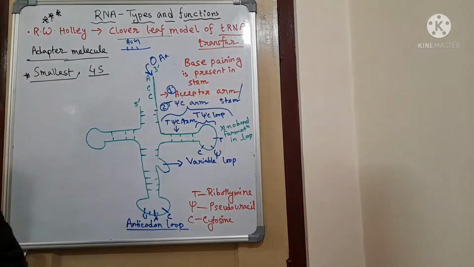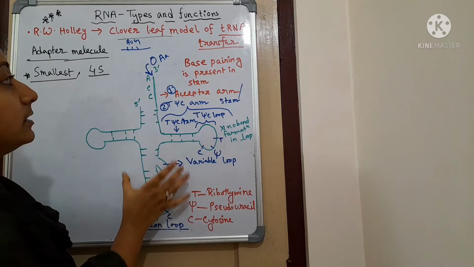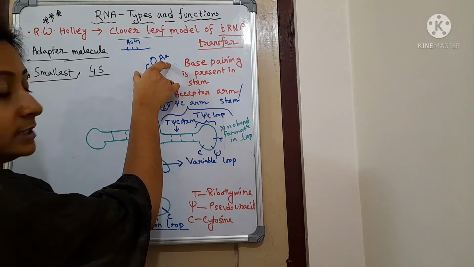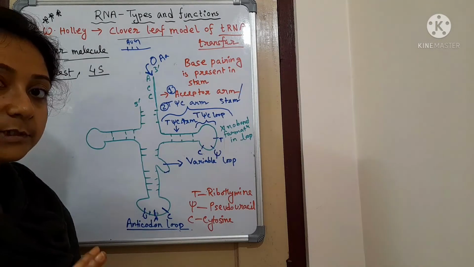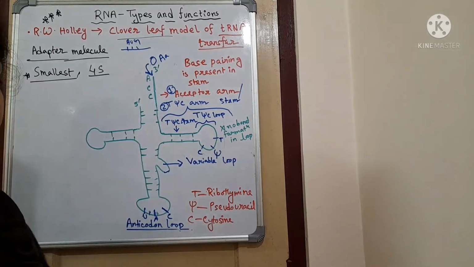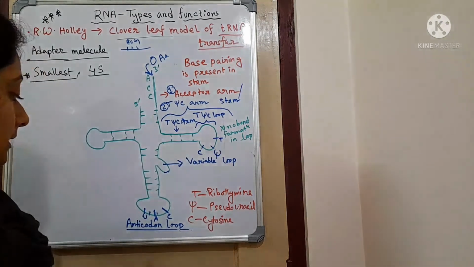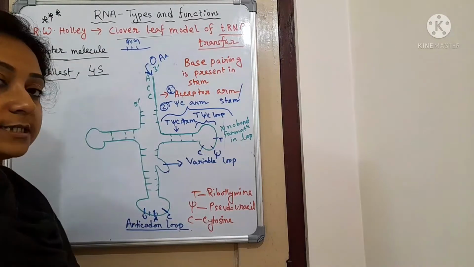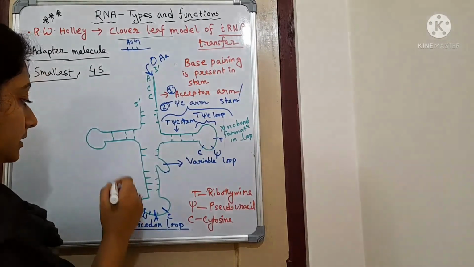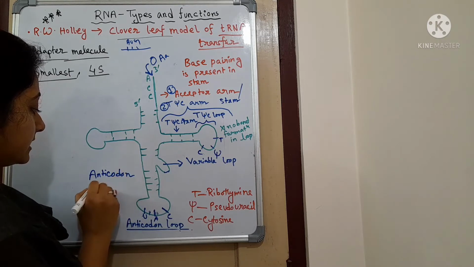If the UAC anticodon is present, then this tRNA will carry methionine and go and attach to the mRNA during the translation process, that is, the protein synthesis process. That is why this loop is known as the anticodon loop and this stem is known as the anticodon stem.